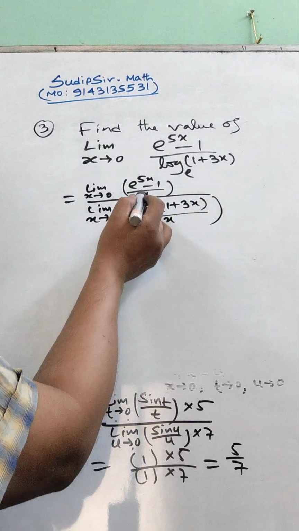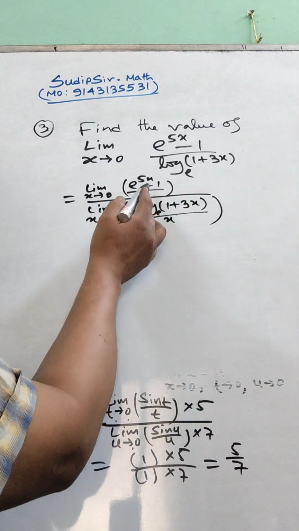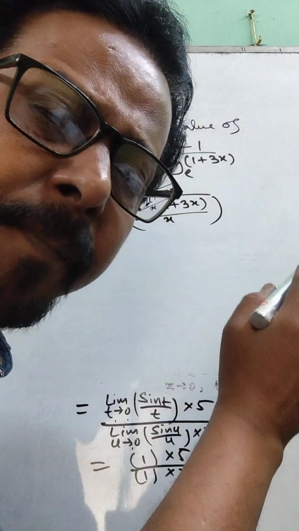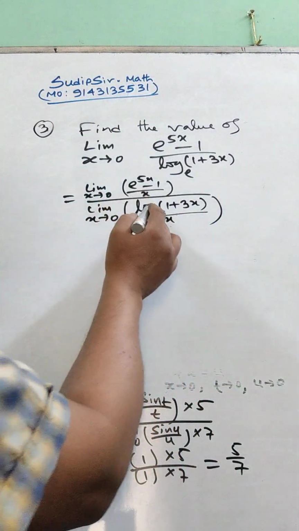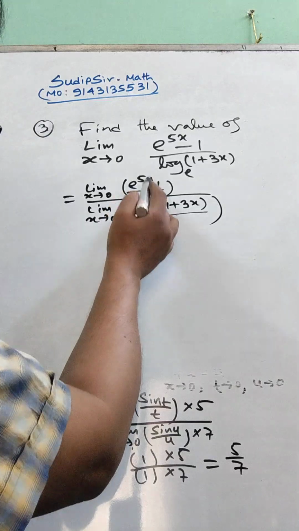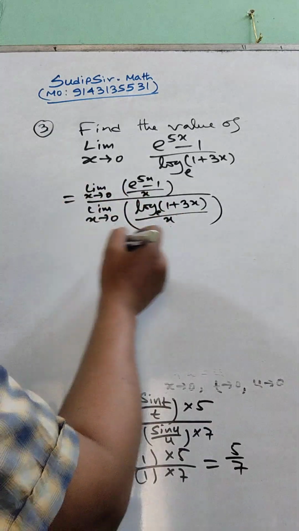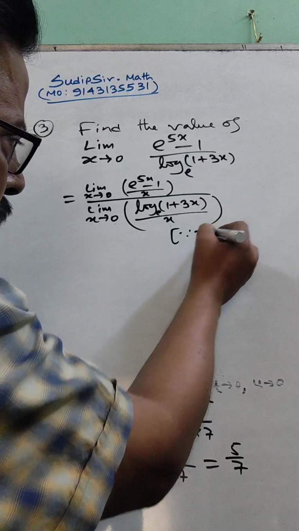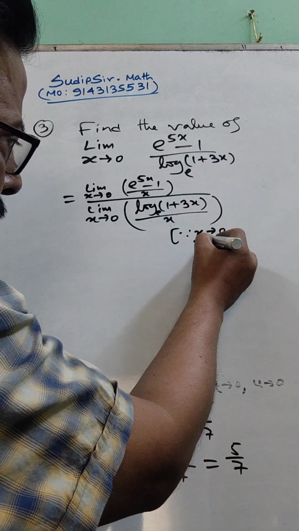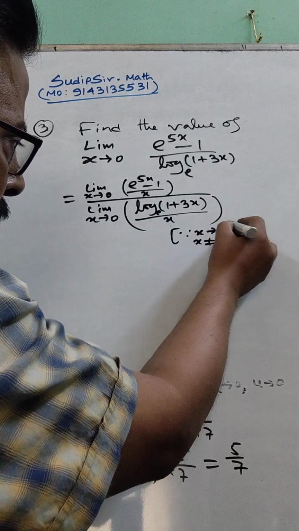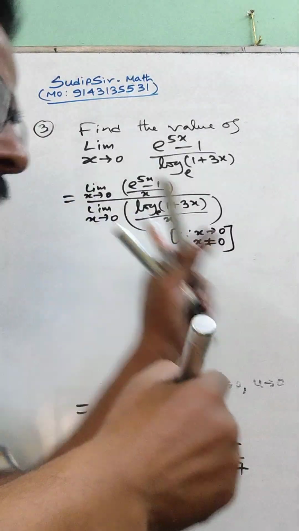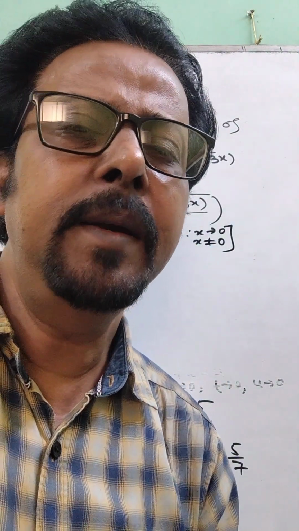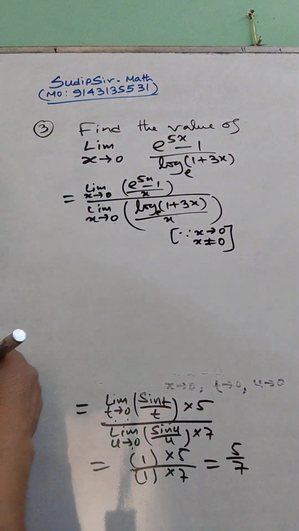So we have to divide numerator and denominator by x to get the standard limit. Note that since x tends to 0, x is not equal to 0. That's why we can divide the numerator and denominator by x.